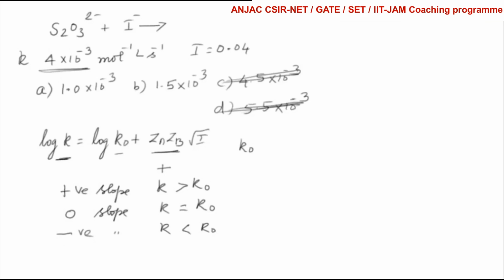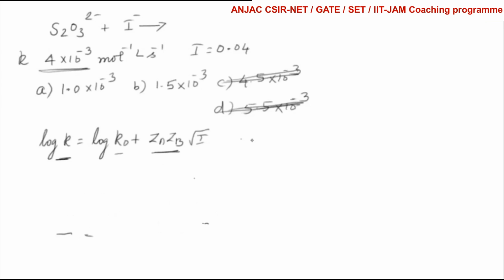We will work it out for the one. What is the value for ZA into ZB? The value is 0.4. Then bring this here. Instead of log K, log K can be written as log of 4 into 10 power minus 3. What is the value for log K?